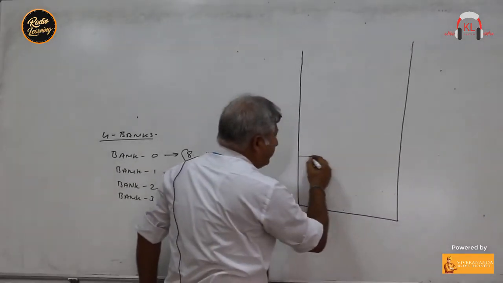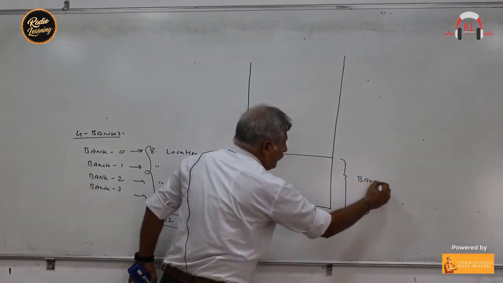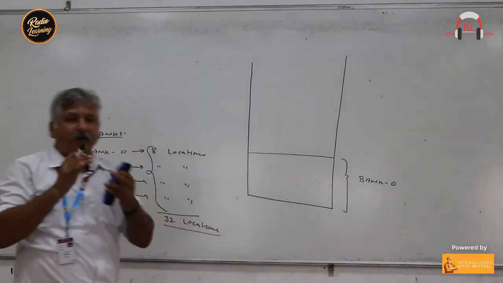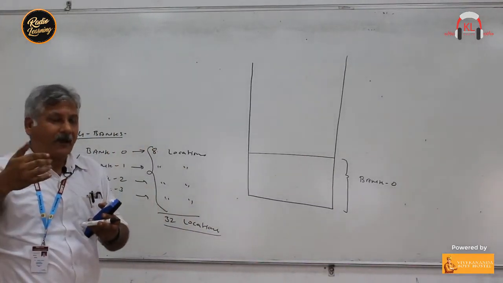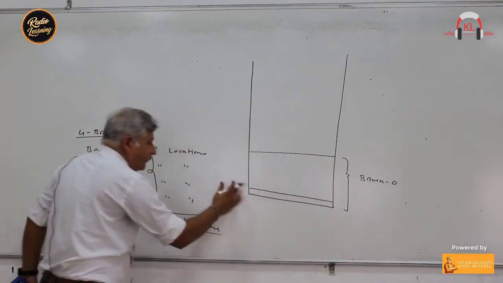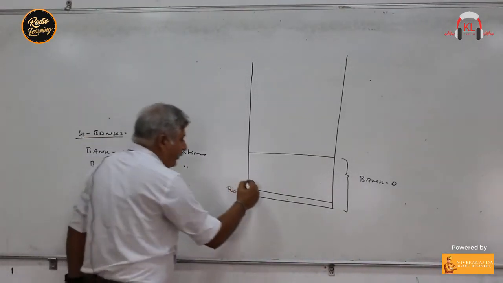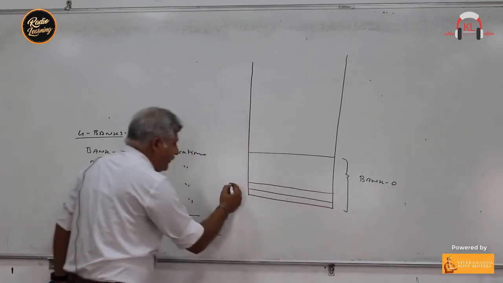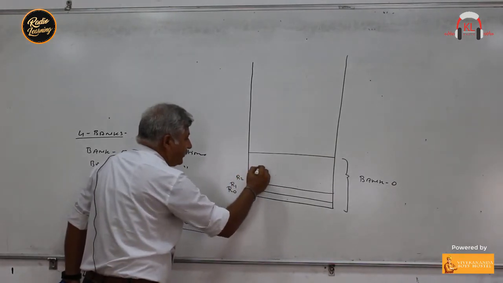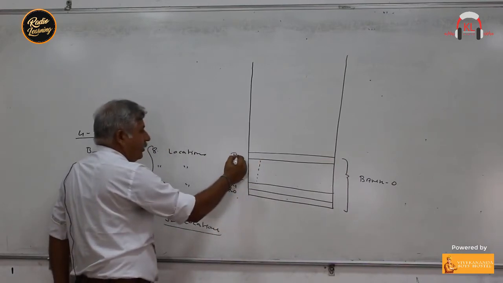Suppose here there are 8 locations of bank 0. 8 locations means 8 registers. As I told you, a register is the place where we store our data. This storing place we name R0, register 0. Then the next storing area we name register 1, then register 2. Like this, a total of 8 registers are there in bank 0. The 8th register will be R7.